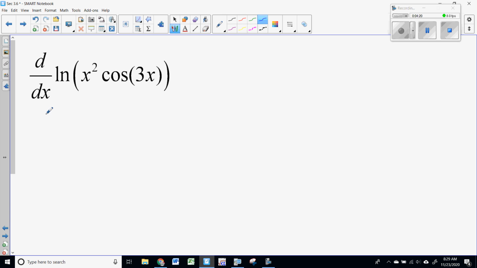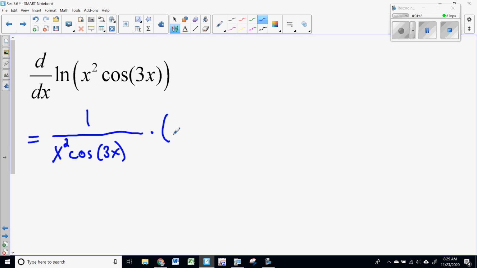So let's look at an example. Take the derivative of the natural log of x squared cosine of 3x. Well, first, we take the derivative, chain rule, of the outside part of natural log. So the derivative is just 1 over the inside part. So by the chain rule, derivative of the outside, inside staying the same, times the derivative of the inside.